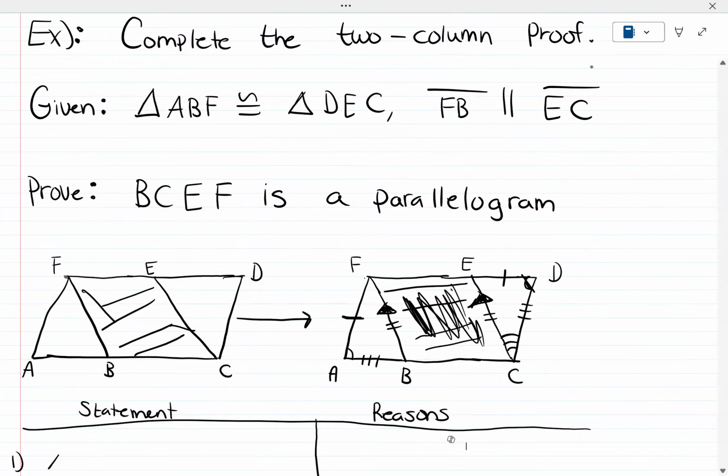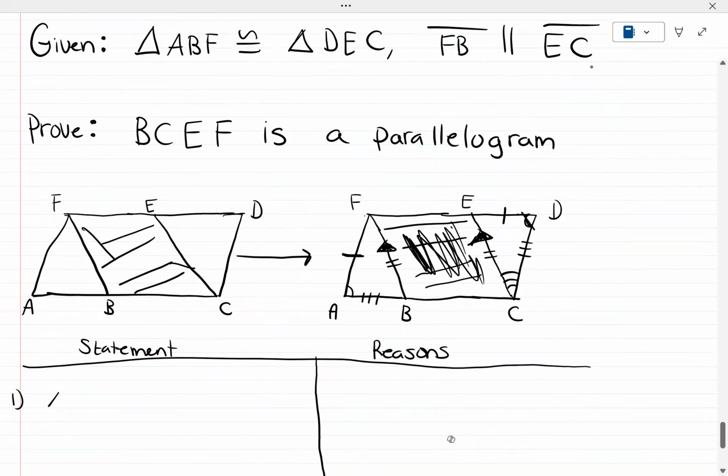So what would be my first statement? The first statement I'm going to use is what they give us. So what was given? It was given triangle ABF is congruent to triangle DEC, and that was given.